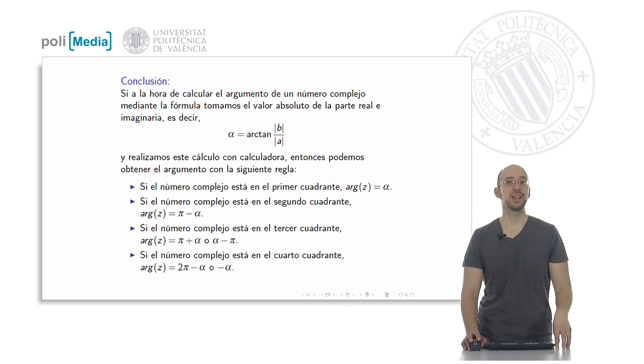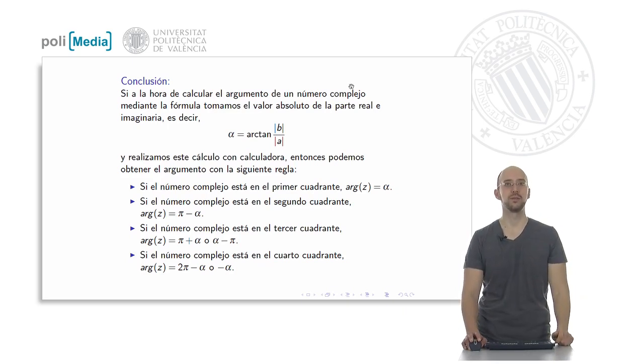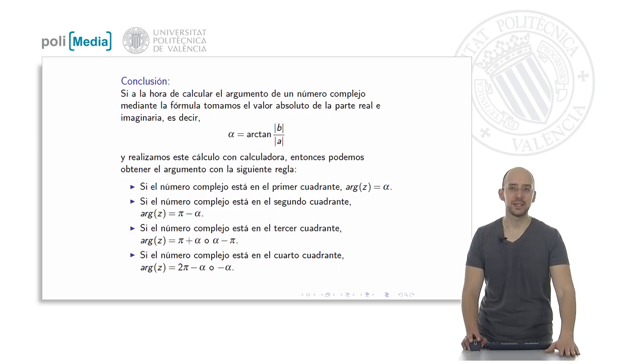And finally, if it is in the fourth quadrant, remember that this is simply the last quadrant, with the positive real part and the negative imaginary part, once applied the arctangent of the modulus of b divided by the modulus of a, you would have to calculate 2 pi minus alpha, or simply put the value obtained with a minus in front, which is minus alpha. This way you can calculate the arguments in a simple and very mechanical way, although I insist we prefer that you represent the complex numbers and deduce which is their argument.